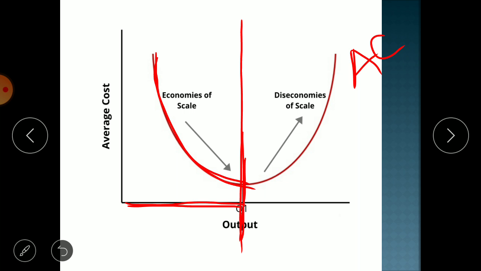But this benefit is available only up to a point, because everyone, even a machine and a human being, has a capacity. If you go beyond the capacity, you do not have an advantage, it will result in a disadvantage. You know that too much of everything is disastrous. If you keep on increasing the production, then after a point of time your cost will not reduce, rather it will increase.